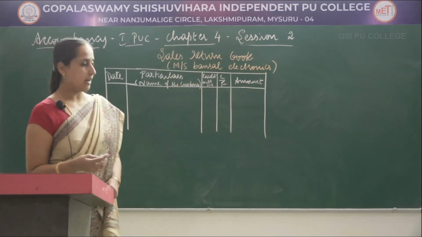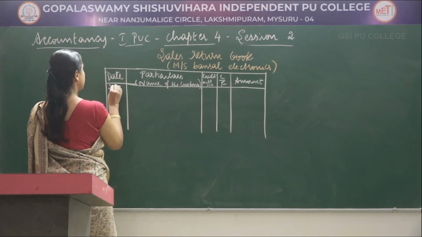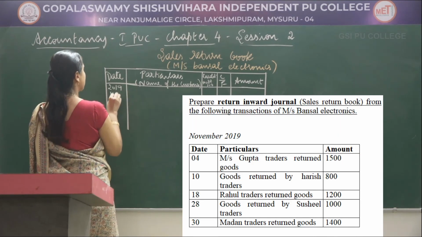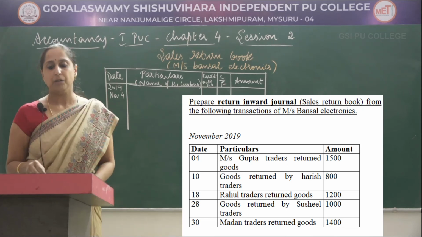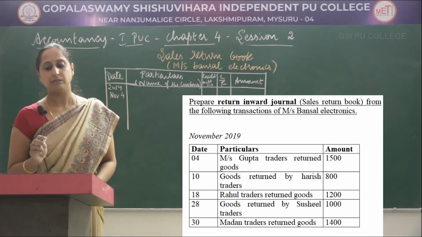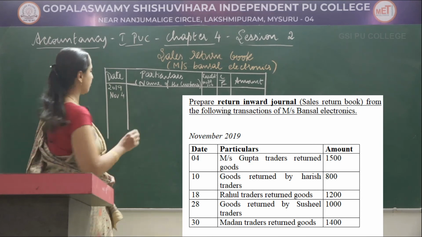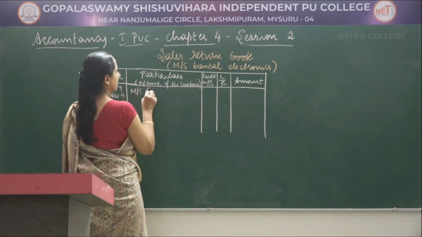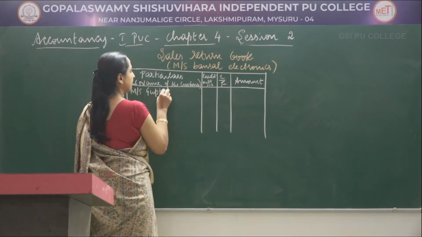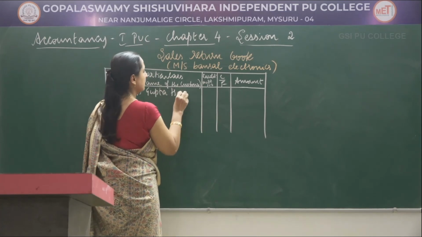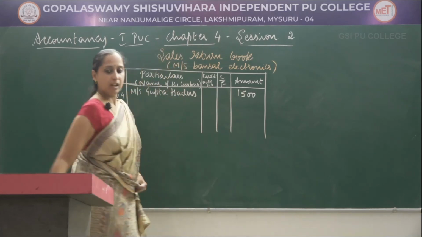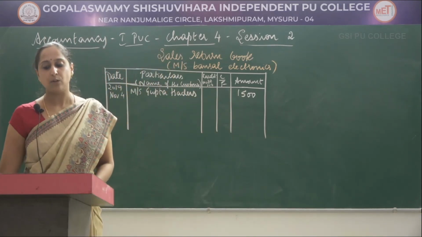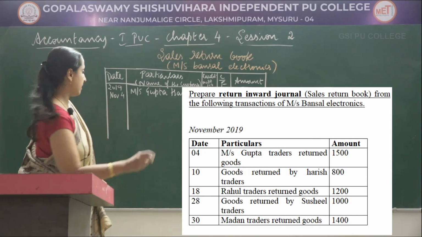Now let's start recording. On 2019 November 4th, goods returned by Gupta Traders. So Gupta Traders returned goods worth rupees 1,500. And on 10th, goods returned by Harish Traders.